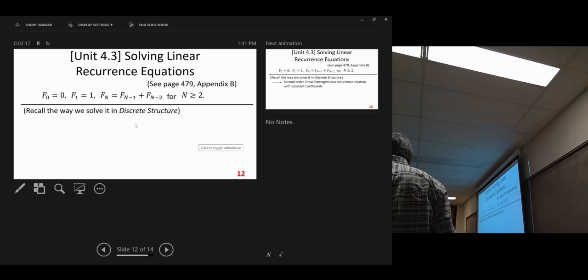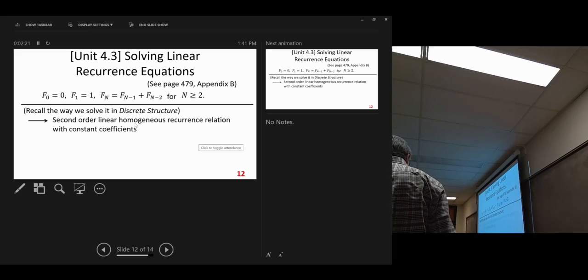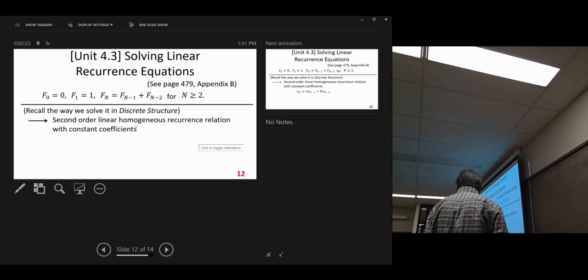Let's recall what we did in discrete math in that course. This is called second order. You have two terms. Second order, and with one term it's first order. Now it's two terms. Second order, linear, homogeneous recurrence.